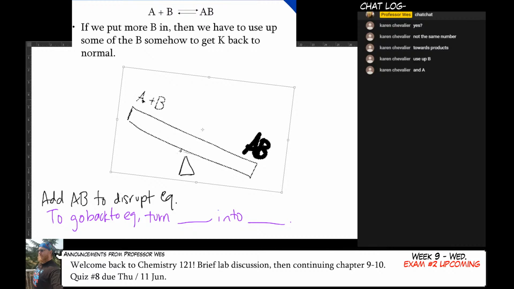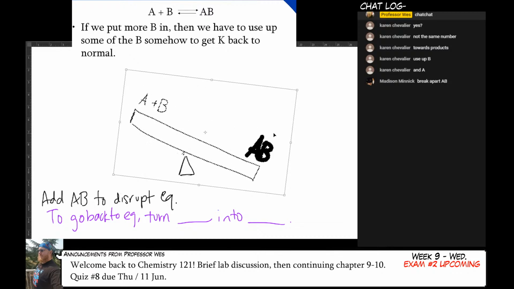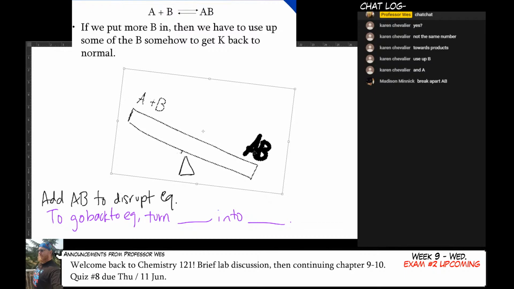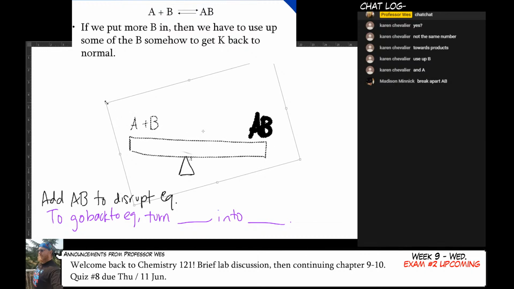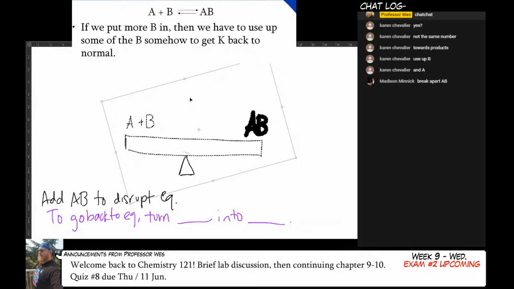What if instead of using A and B to make more AB, I instead did the reverse reaction? Yeah, there you go. I could break AB into A and B. So if I used up this stuff right here, this side would become less, and this side would become more. And that would turn my reaction back to equilibrium. And when that happens, then I would have less AB.